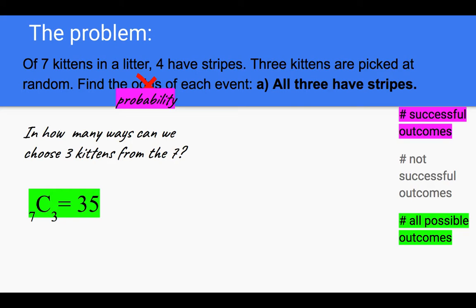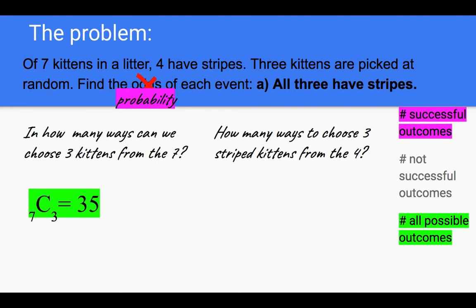Now we just need to know how many ways we have for the different scenarios that we're presented. So how many ways to choose 3 striped kittens from the 4, because we're interested in the striped ones. And again, this is a combination, but now the numbers change because we now have 4 to choose from and we want to choose 3.